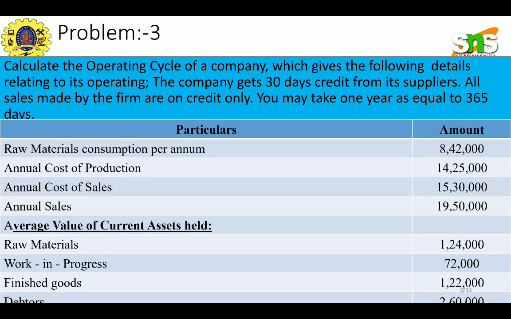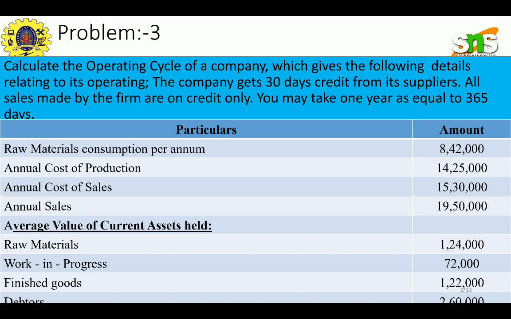The information is given below. Raw material consumed per annum is 8,42,000. The annual cost of production is 14,25,000. The annual cost of sales is 15,30,000.